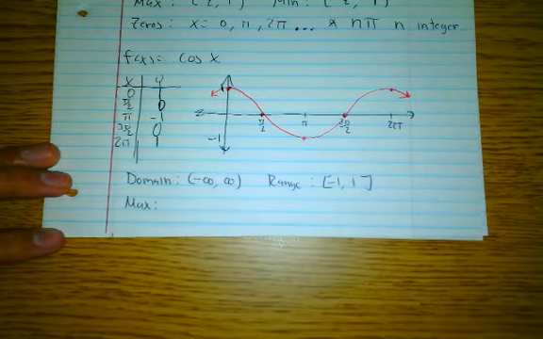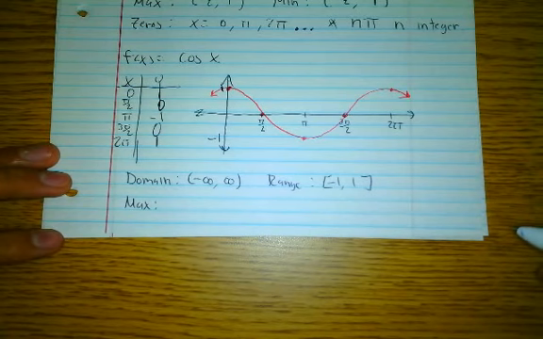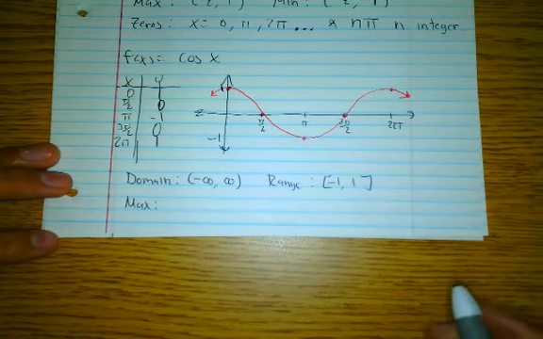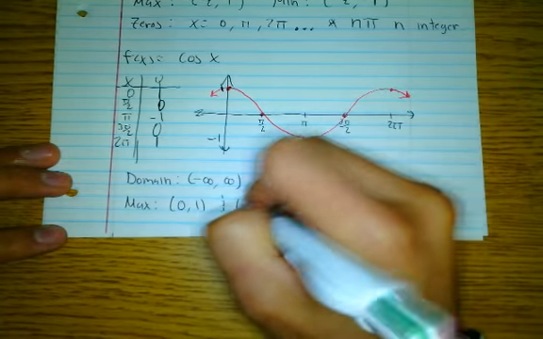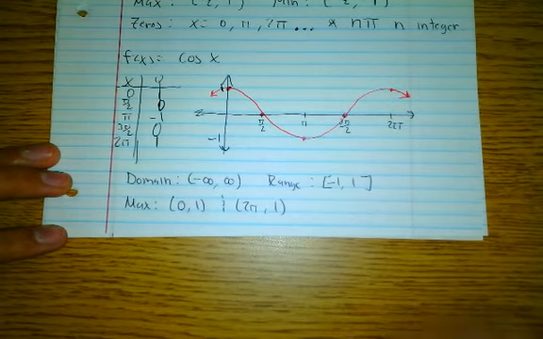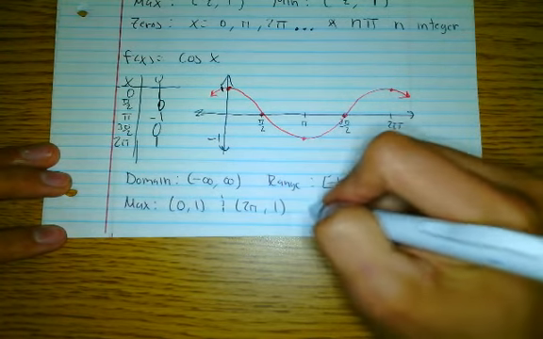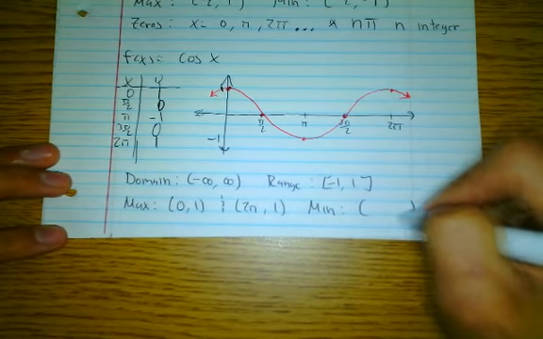Still 1, right? But now I have two specific spots where that happens, right? At 0, 1, and 2 pi, comma 1, right? Where's your minimum value at? Pi, negative 1. Agreed?